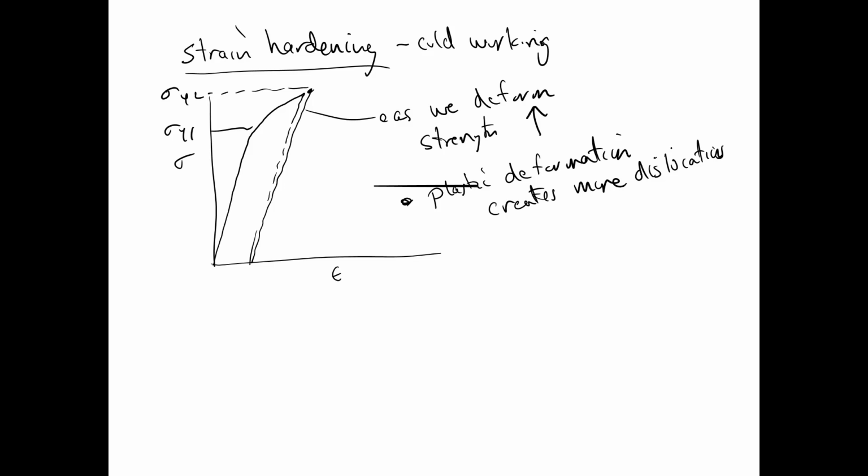So let's keep going on with this concept. This is an important concept, and we'll talk a little bit about how we do this in metals. How do we actually strain them or cold work the metals? Well, we do that through processing. Lots of ways to do that.